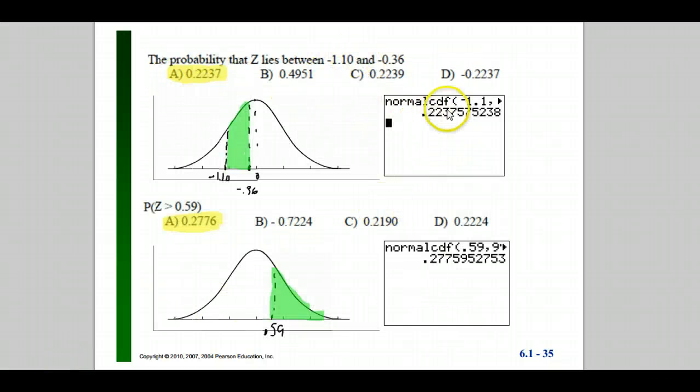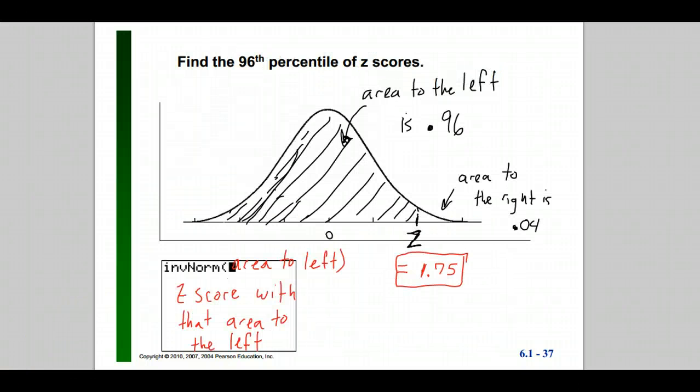Between those two, again the same thing. This is my lower number, this is my upper number, there's my area. Greater than this: 0.59 is where I start, all the way up to comma 99999 is where it ends. So remember, 99999 for the right edge, negative 99999 for the left edge, and you've got this normal CDF feature down.